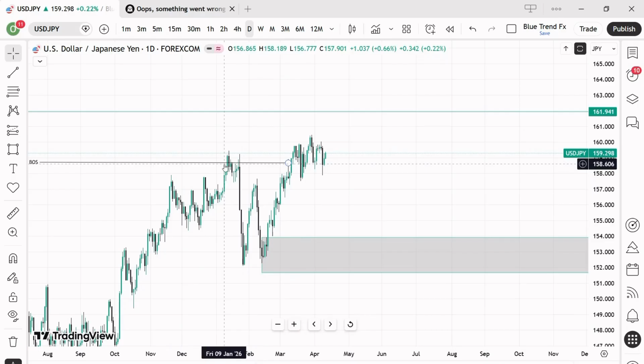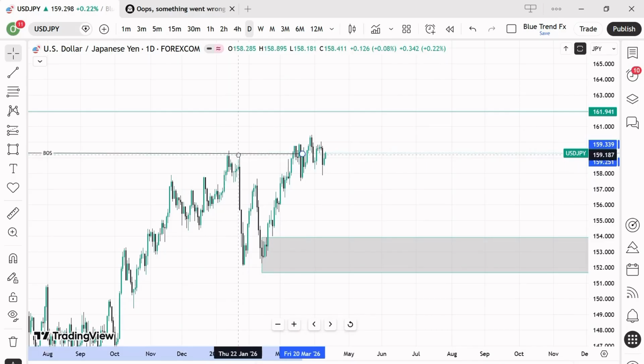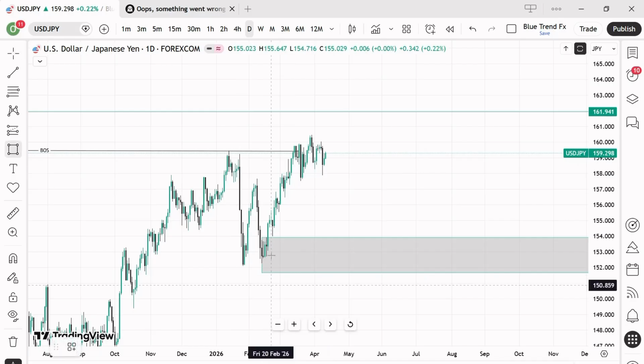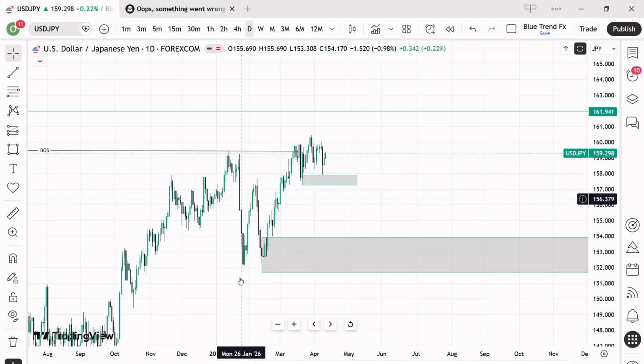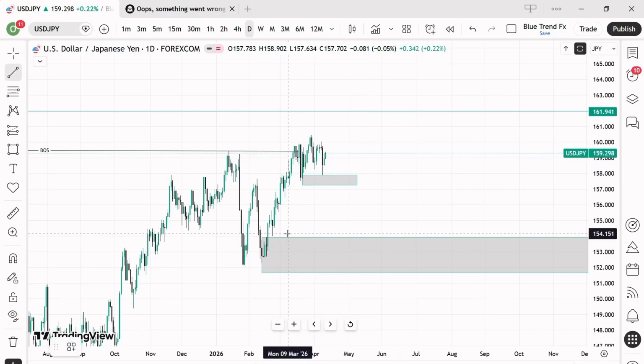However, based on what we have on daily, it is reacting from this level after a break of structure right here.